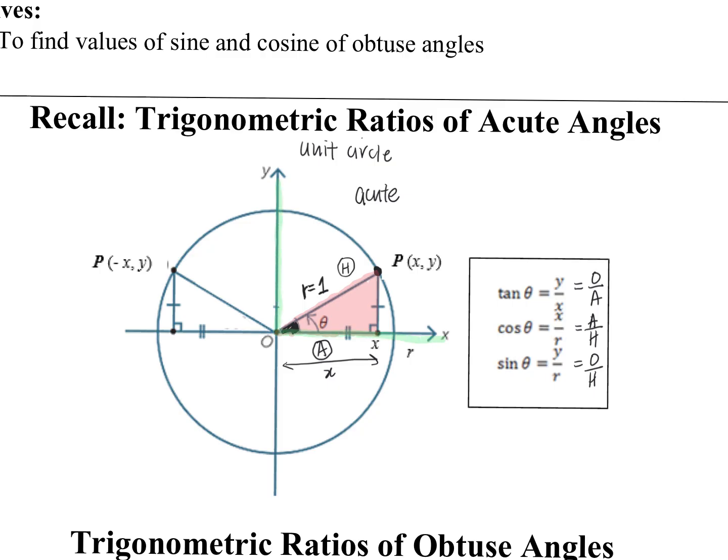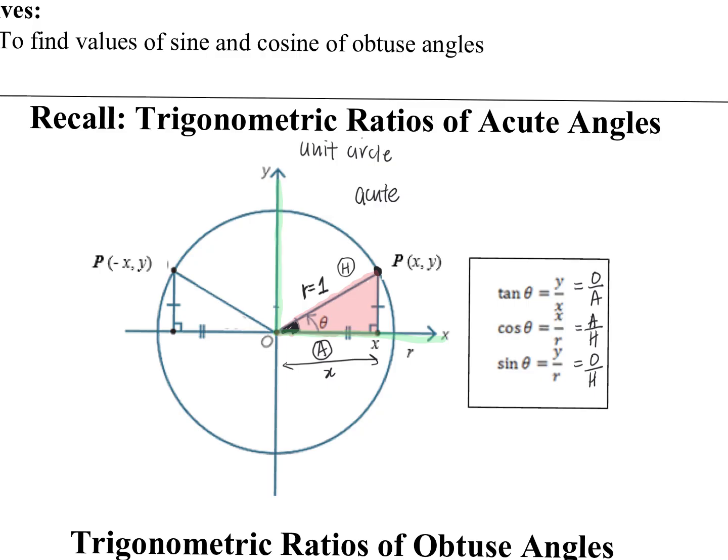That means my dot can start from 0 and go all the way to 90, and I can find all the ratios, O over A, A over H, O over H. But what if this dot goes beyond the 90 degrees into the second quadrant? For E math, we are only learning about 2 quadrants. But for A math, we go all 4. That means we go through the whole circle, and not only that, we go in revolution. That means we keep going round and round.